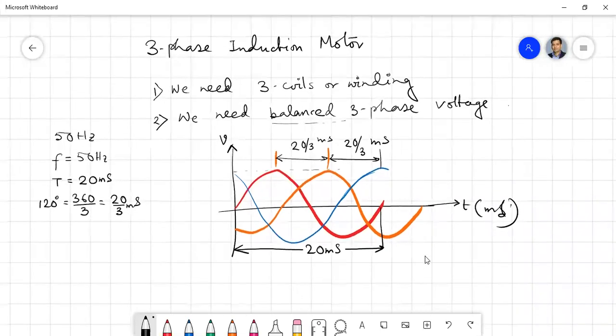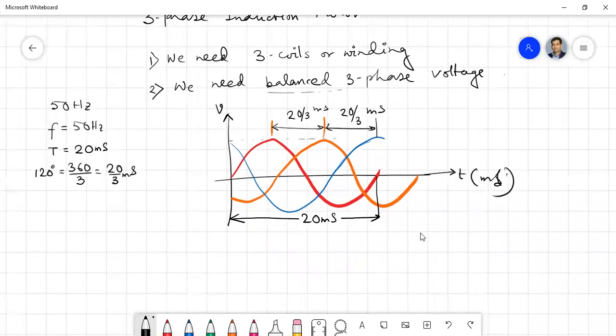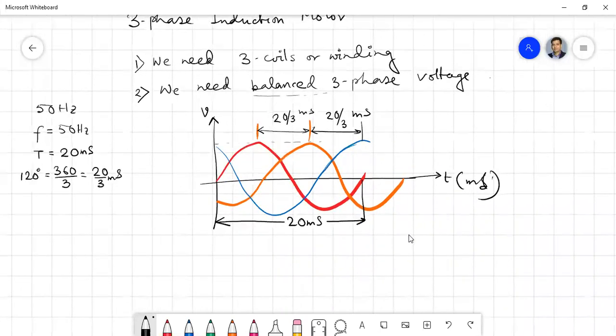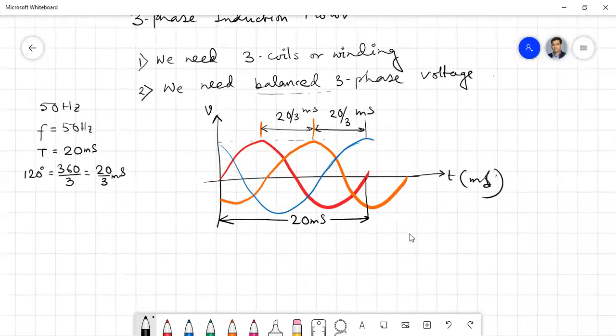So this is called a balanced three-phase supply. I think you have studied it in another part of this subject, which is taken by Professor Anita Dutt.